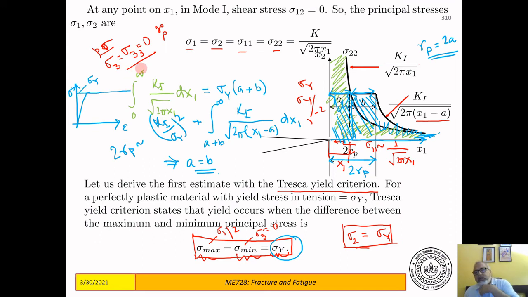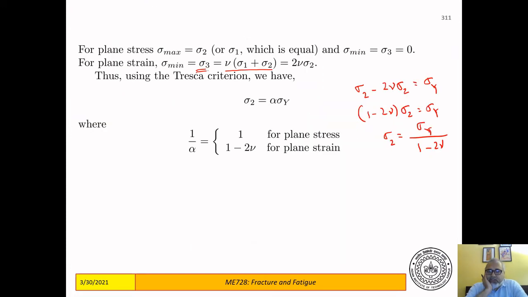Obviously, it's not a realistic material, but it comes very close to what we know as extremely ductile materials like aluminium and copper. Okay, so with these two caveats, we will go on and look at the solution a little bit more.